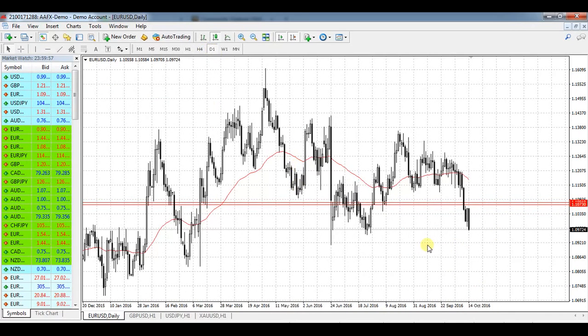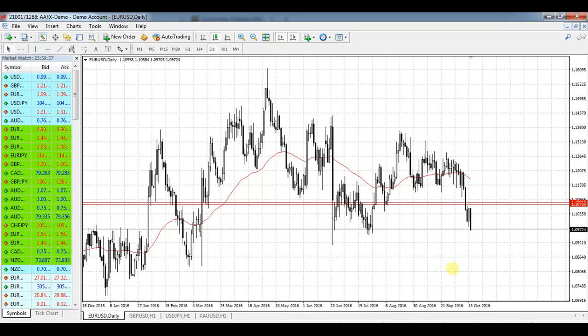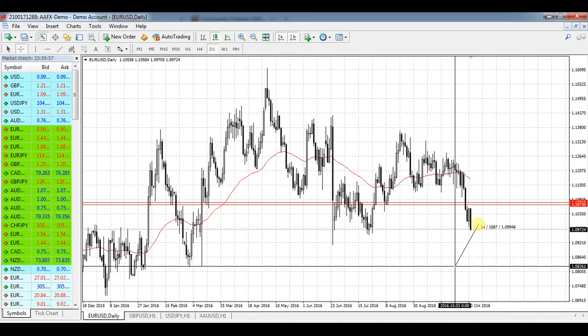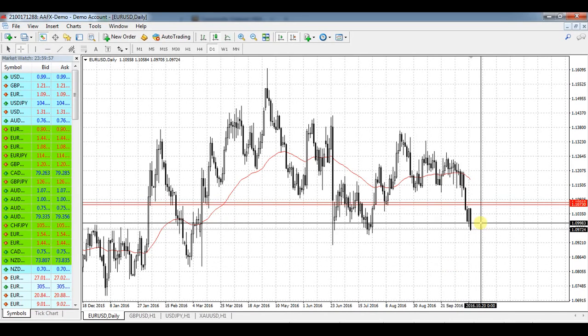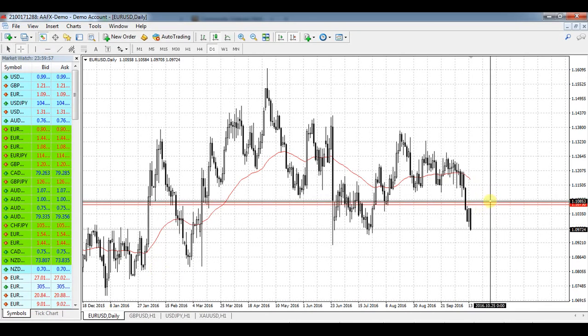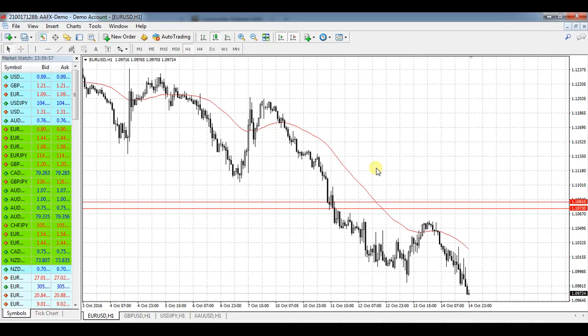Our first target will be this level. Here you can see it, it's 1.0826. So after correction, it will be around 1,800 points. So with a stop loss around 60-70 points, it's a really profitable trade for us.